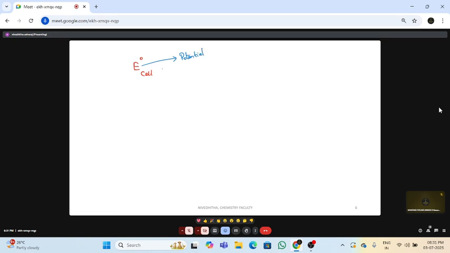Potential of what? Cell. Very good, potential of cell. And what does the naught represent? Standard potential. The cell is in standard condition.